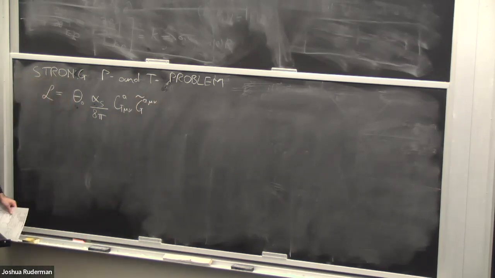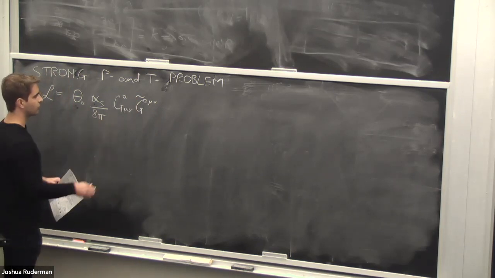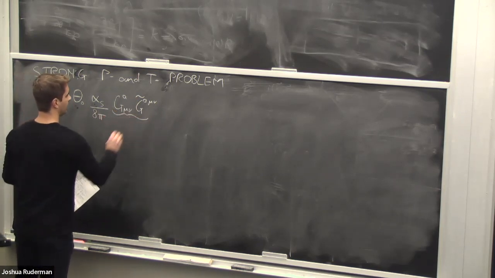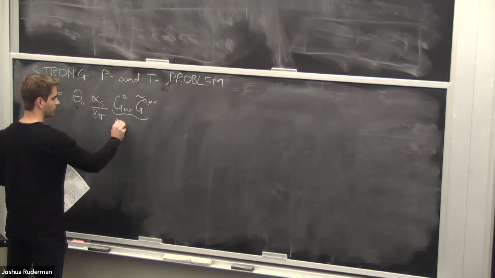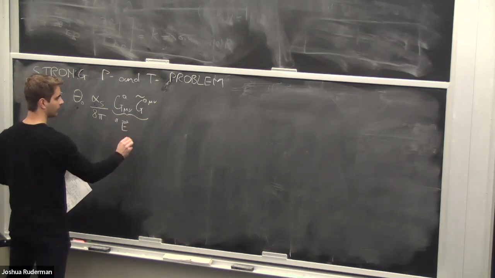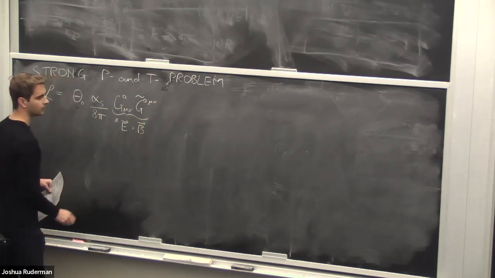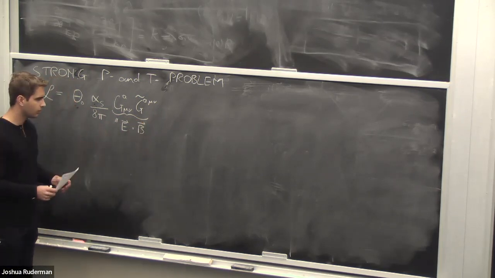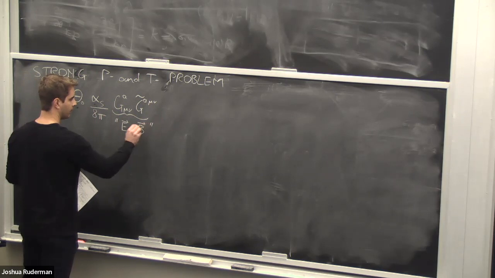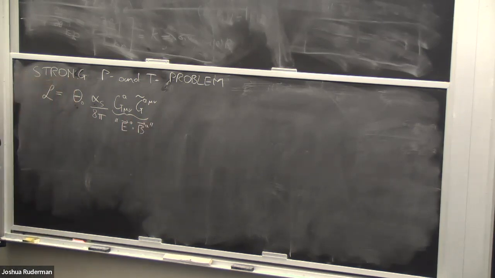Okay, and if you don't know what this is, you can think of this as some effective chromoelectric field dotted into a chromomagnetic field. And because there's 8 gluons, you label them, there's 8 such fields.